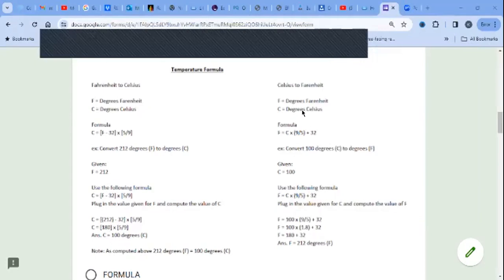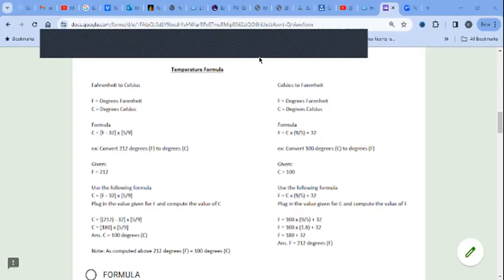We clicked on a link, we scroll down, and on the right side you see the formula for converting Celsius to Fahrenheit. On the left side, you see the formula for converting Fahrenheit to Celsius. They gave us a Fahrenheit value and want us to convert it to Celsius, so we're using this formula over here. It says C equals F minus 32 times 5/9.